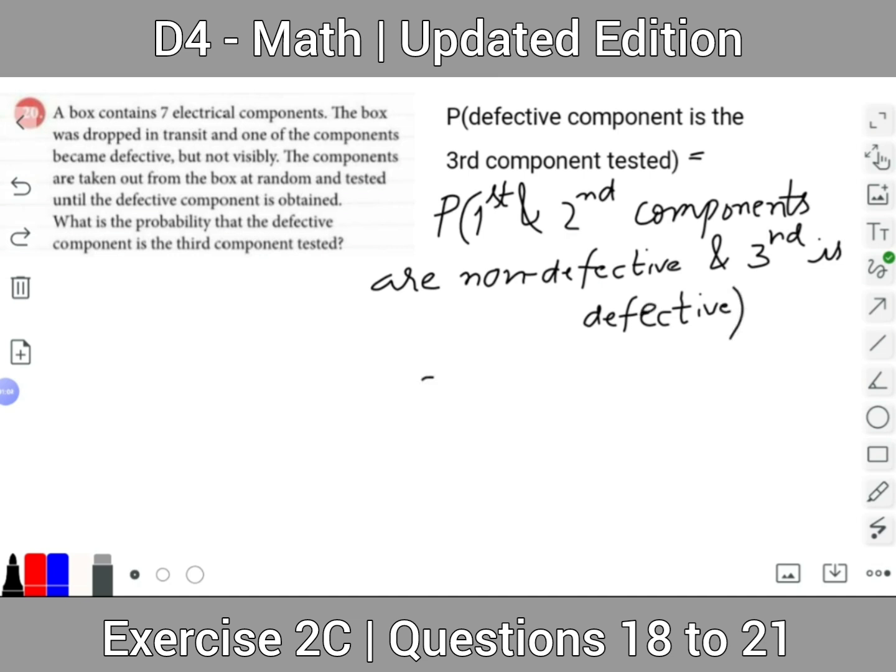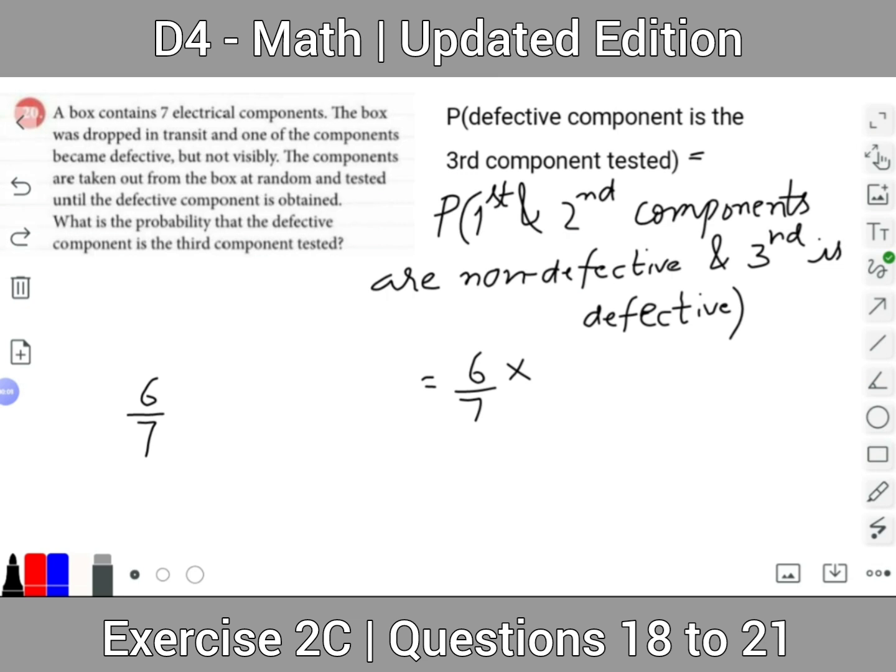So now we have to find out the probability for the first component, and that will be, since the total number of electrical components is 7 and we have to select one component, so here we have 6/7 probability for the first component to be non-defective.